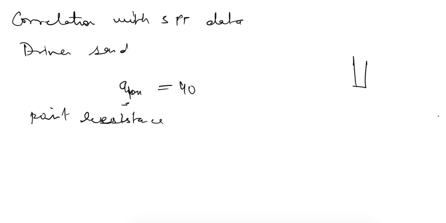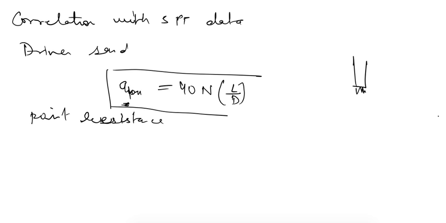that is only the base part we are calculating from here, and it will be calculated in kilonewton per meter square. That is, the equation is 40 N L by D. So the unit here will be kilonewton per meter square, and multiplied by the area of the base, then we'll get the QPU, that will be your ultimate end bearing resistance.